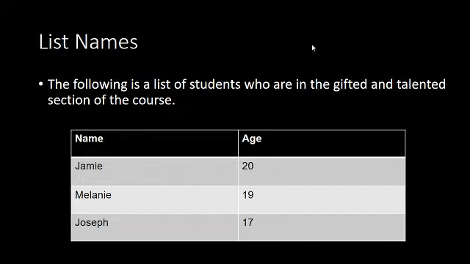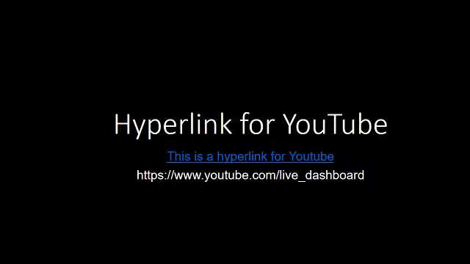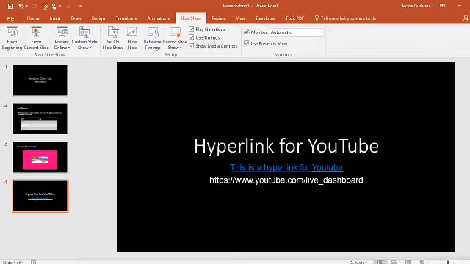We did the alternative text for this, and the following is a list of students who are in the gifted and talented section of the course. It was a description that was in the background as well, and then a picture for your example on how to put the alternative text in the title, and then this shows you how to do the hyperlink. And those are probably the most important ones to remember.